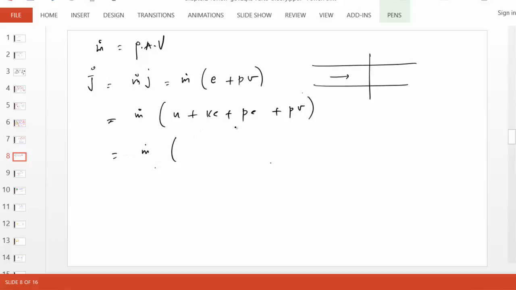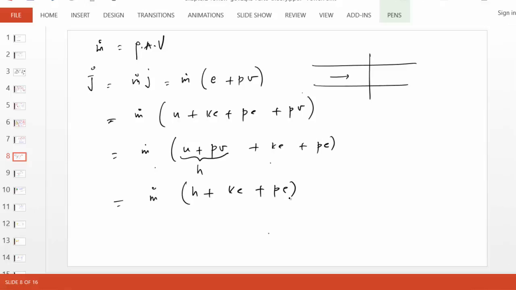If we separate KE and PE, it becomes U plus PV, and these are each thermodynamic properties, U, P, and V, together called H. So the formula becomes H plus KE plus PE. So kg per second, and each of these terms has kilojoule per kg, which gives kilowatt. So the energy carried by a flow in kilowatt is given by m dot times (H plus KE plus PE).